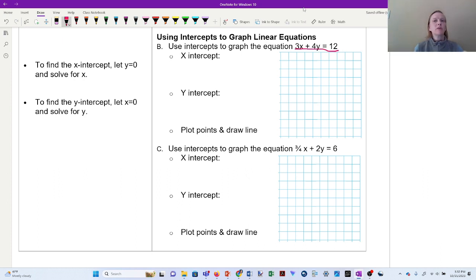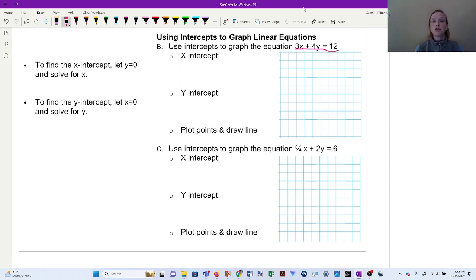We have some number times x plus some number times y equals some constant. And we can graph this equation basically by just figuring out what the x-intercept is and what the y-intercept is, and then 2 points determine a line. So as soon as you have those 2 points, you can draw a straight line between them, and you're all set. So how do you figure out what the x-intercept is?